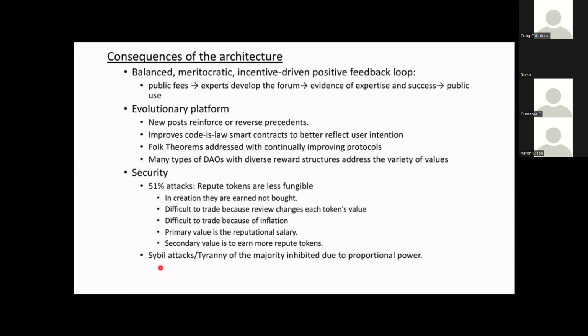That way, if I have 10 different accounts with one reputation token each, I'm going to have the same likelihood of getting a job as one person with one account who has 10 reputation tokens. So if I split my reputation tokens into different accounts, that doesn't change my likelihood or how often I will get a job. Everything was carefully designed to make sure that Sybil attacks do not affect it at all.